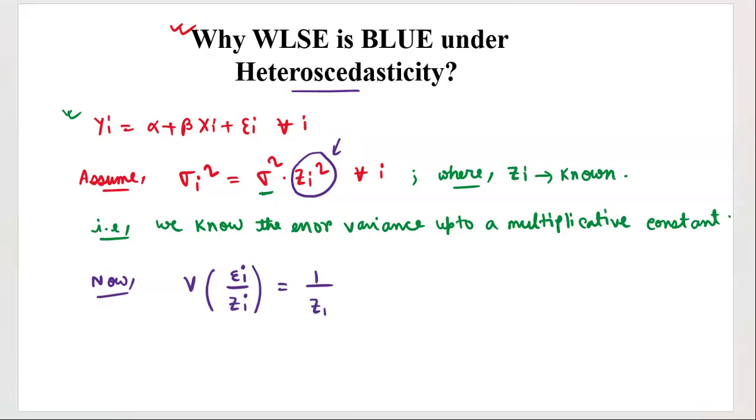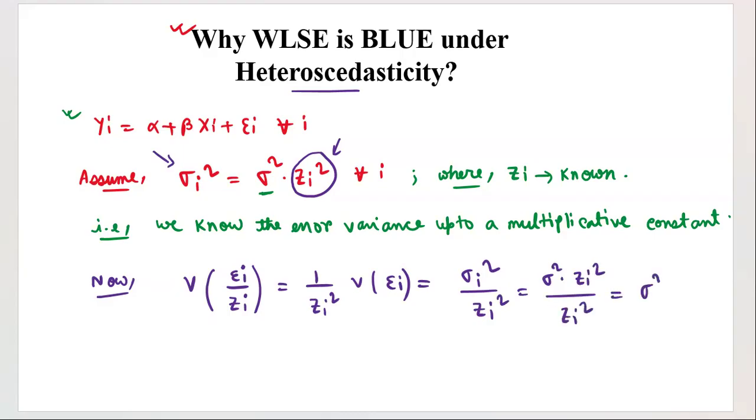So zi squared will come out, and it will be simply the variance of epsilon i divided by zi squared. Now, what is the variance of epsilon i? This is sigma i squared upon zi squared. And what is sigma i squared? As I have written here, it is sigma squared zi squared upon zi squared, which is simply sigma squared, which is a constant.